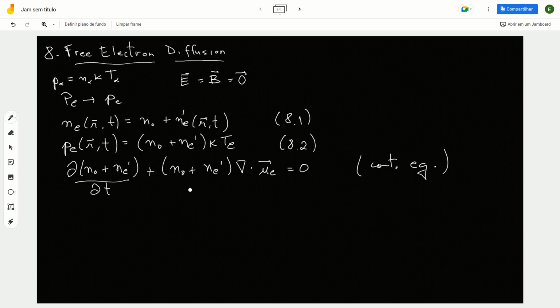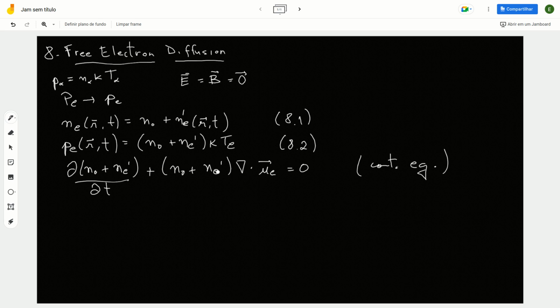Now we don't have a variable average, so the time derivative of n0 is 0, and also we will adopt a linear approximation.